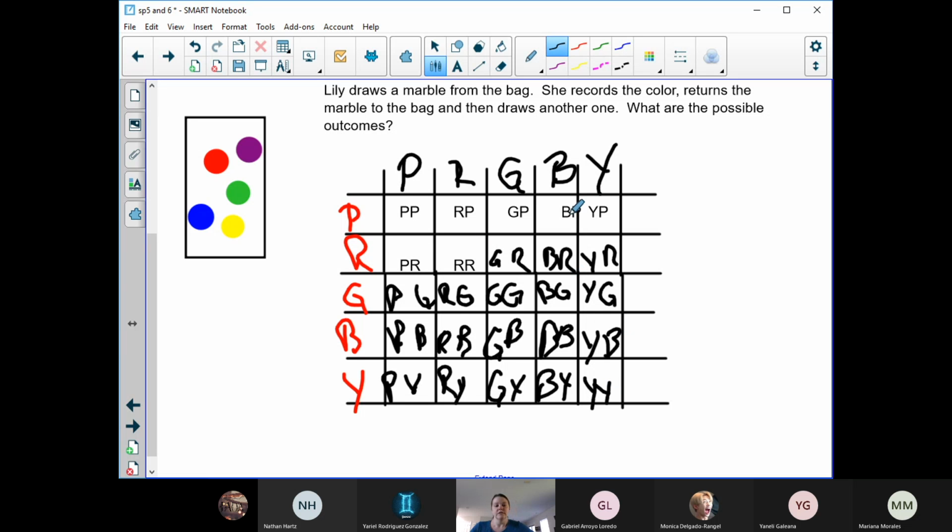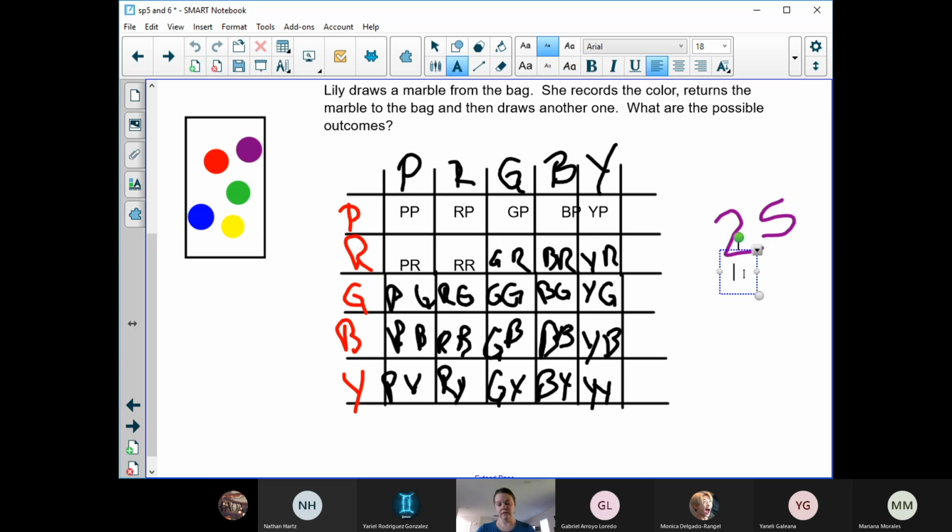These are all of the possible outcomes that she could get from this event. If I look at this, I can figure out the probability. If I count, there's 5 across and 5 down, so there are 25 possible outcomes, because I can count the number of squares inside my array.